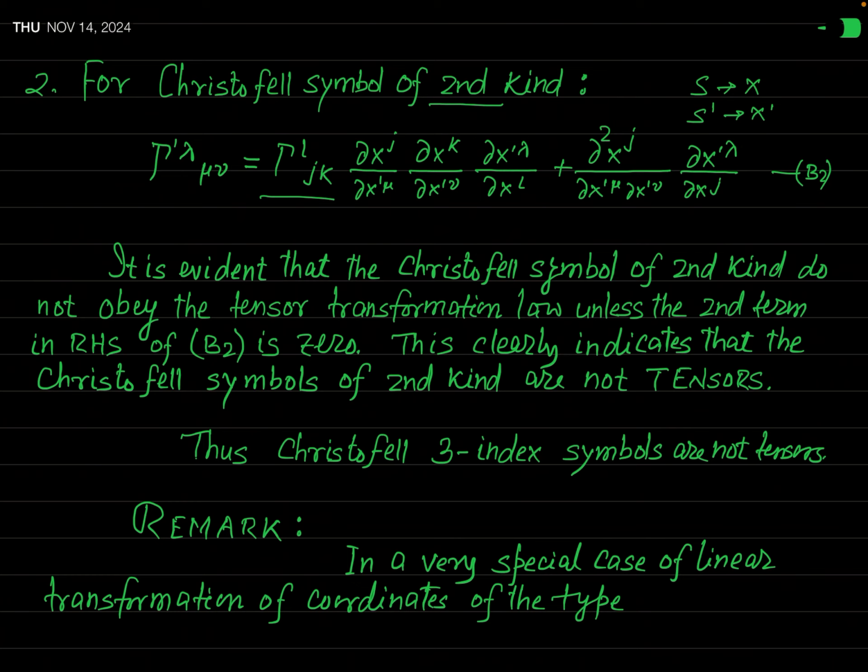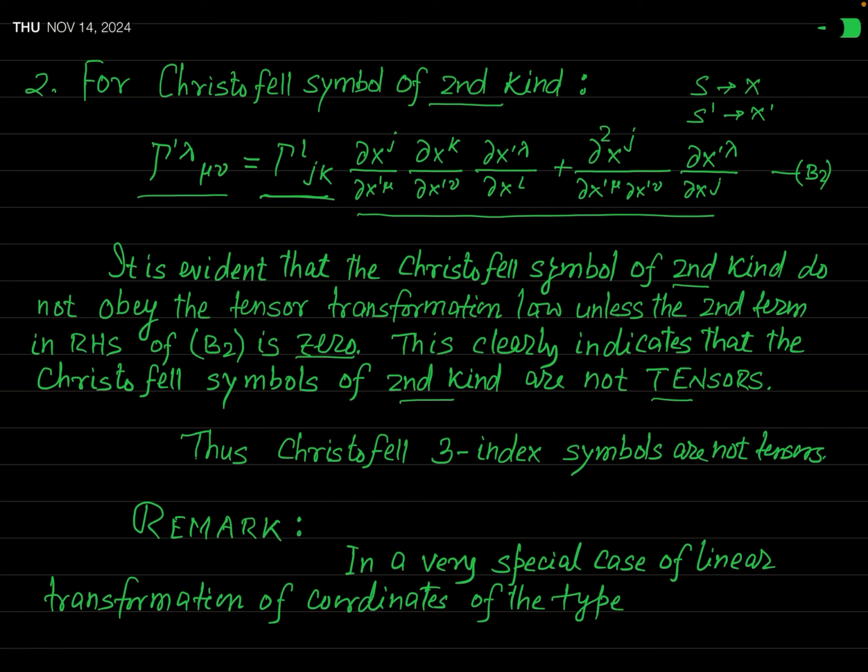If the components of this quantity in another coordinate system are gamma dashed lambda mu nu, then it transforms like this. Again, it is evident that the Christoffel symbol of second kind does not obey the tensor transformation law unless the second term in this equation B2 is 0. So this clearly indicates that the Christoffel symbols of second kind are not tensors.